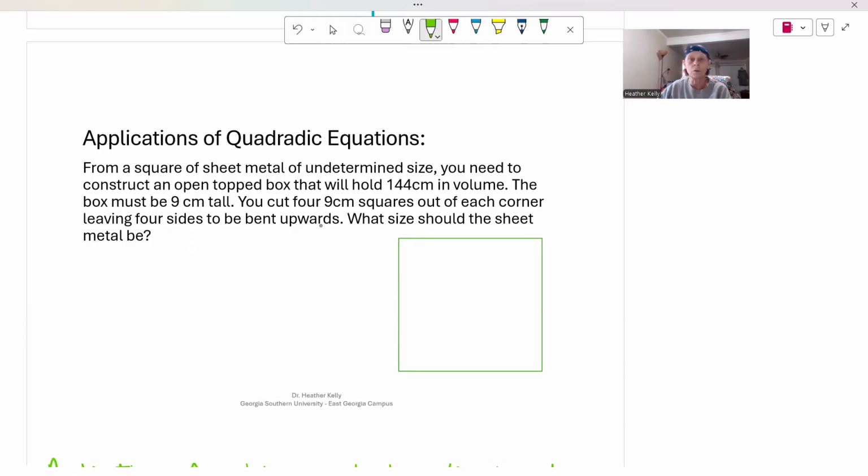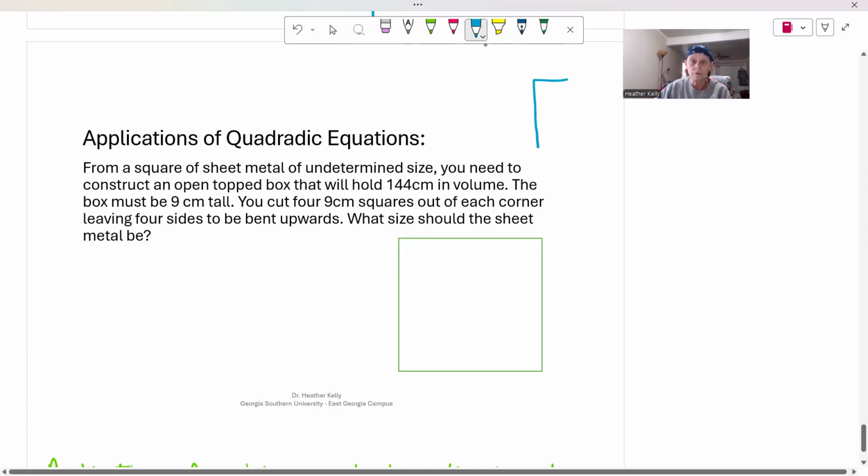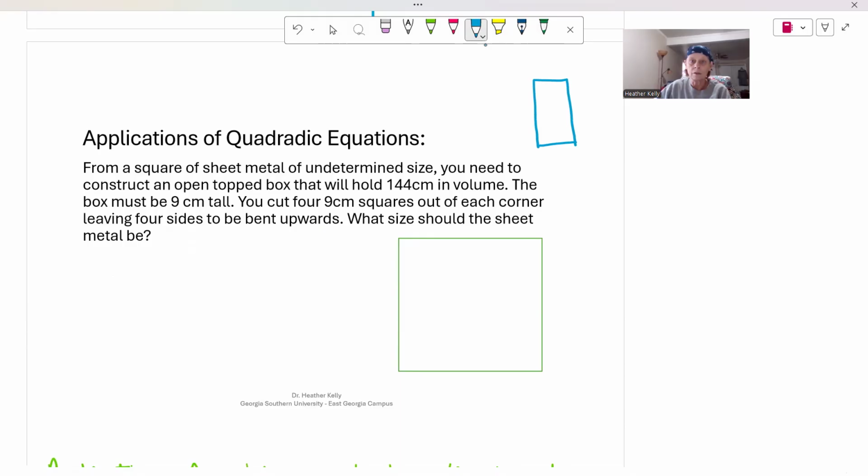So let me make sure you understand what's going on. I'm going to make this box, and it's going to wind up looking a little bit like a 3D box, kind of like this. I'm going to probably draw it really badly, but this is what we're trying to do here.